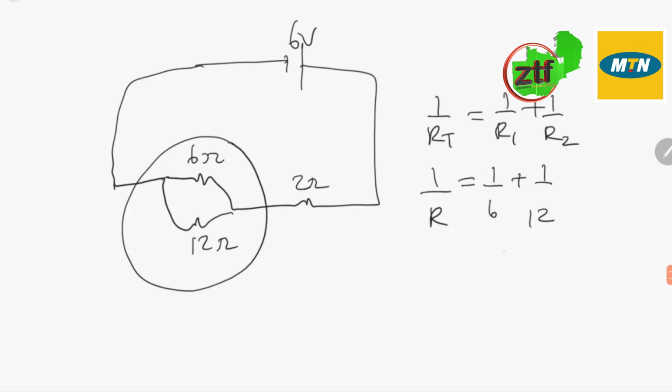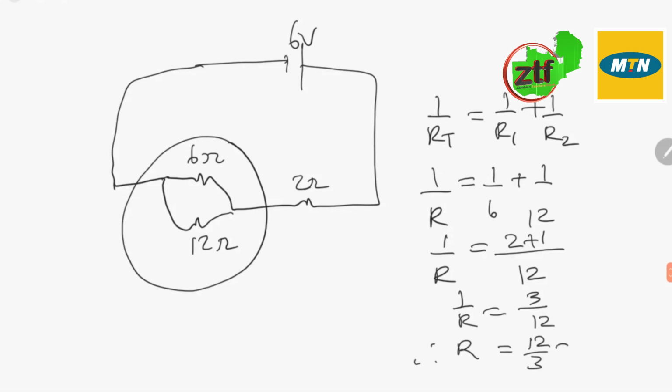Arising from there, we get 12 as the common denominator, and we get 2 plus 1 equal to 1 over R. So 1 over R becomes equal to 3 over 12, so that R becomes 12 over 3, which is 4 ohms.